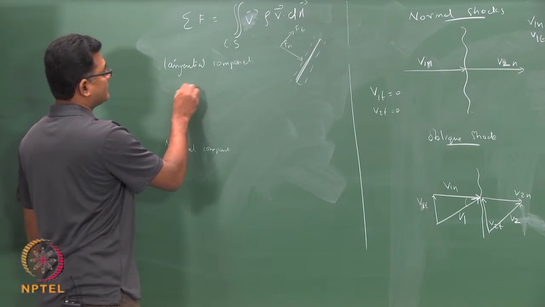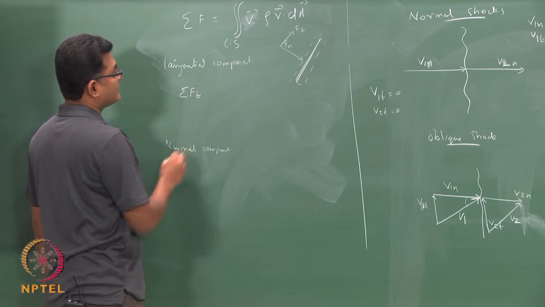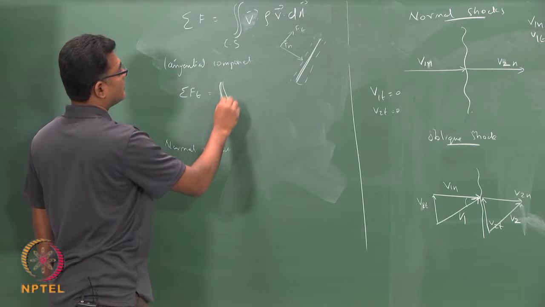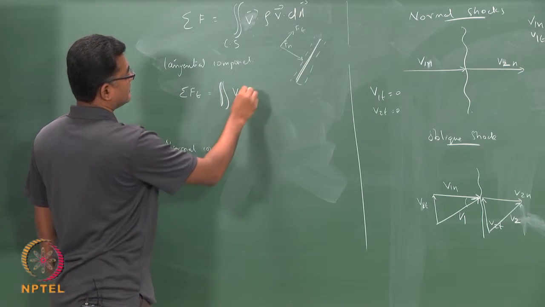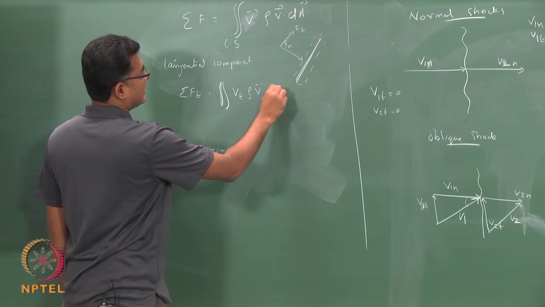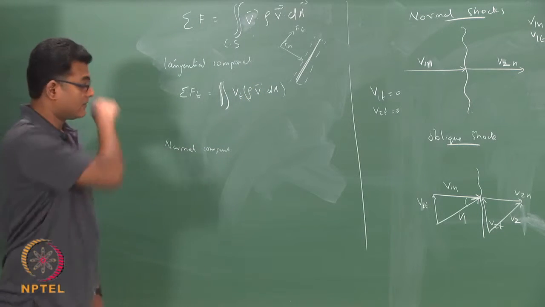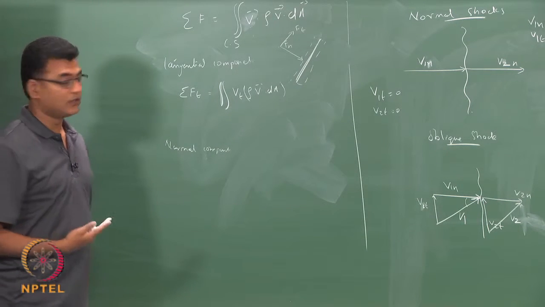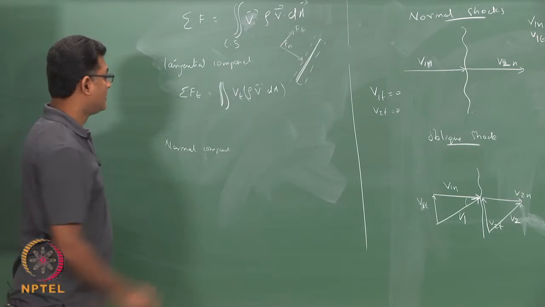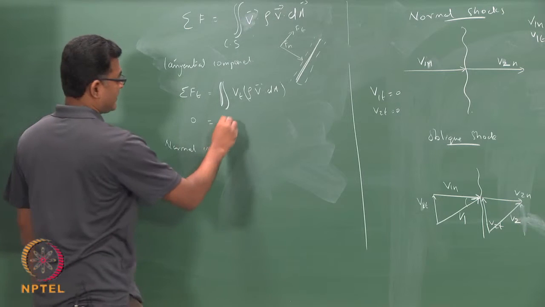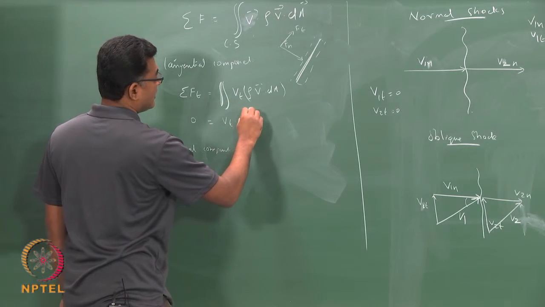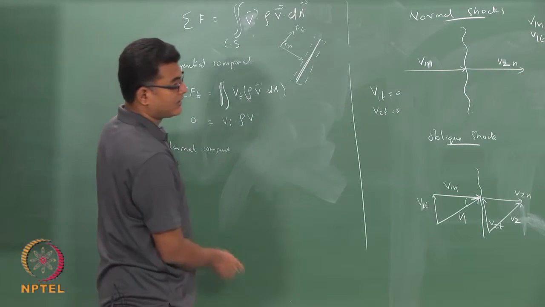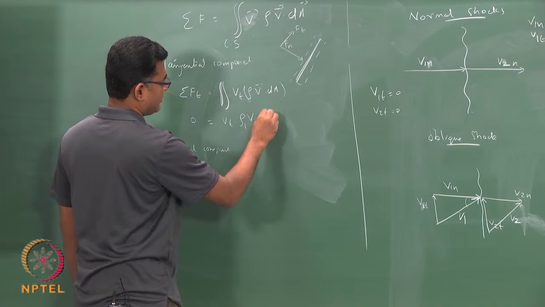So, sigma F tangential equals the integral of V tangential rho V dA. Tangential sigma F is 0, we are not considering any tangential force here. So, this is 0, we can apply V tangential into rho V into dA, which would be the mass. So, this is what we have written there, rho 1 V1n into dA1.